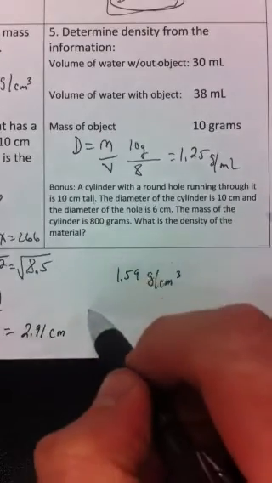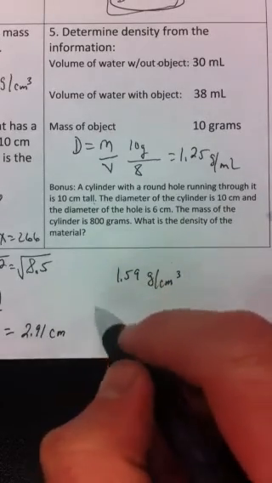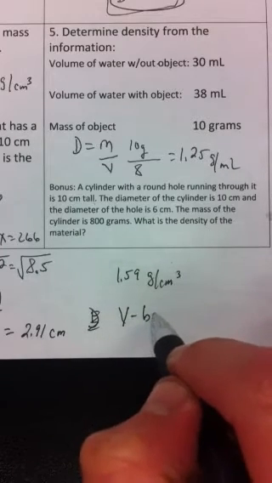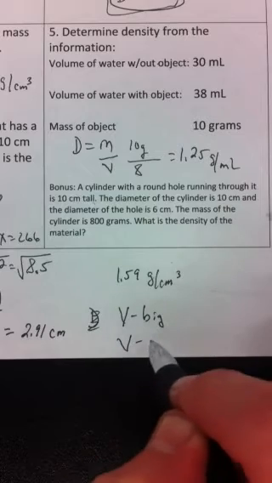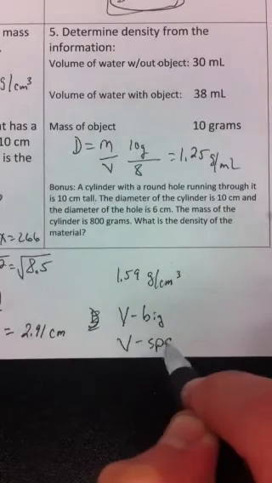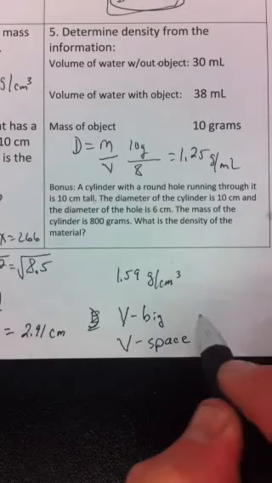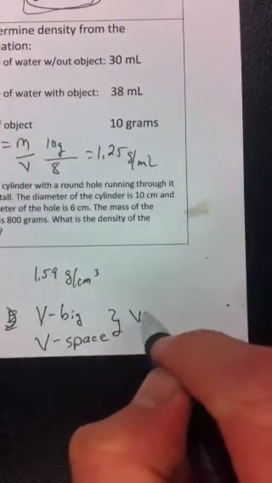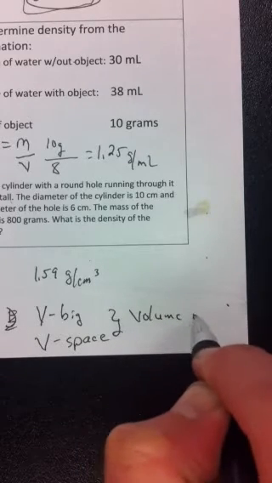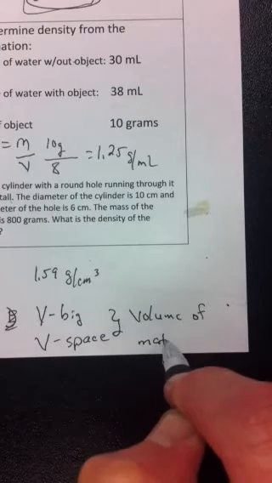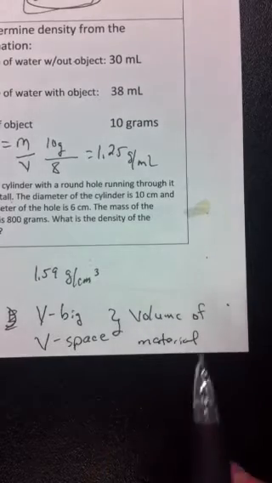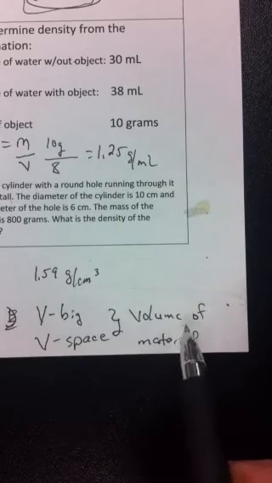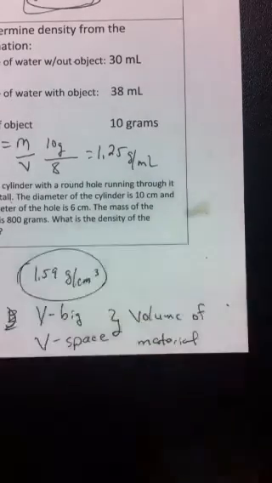Essentially what you have to do is find the volume of the big cylinder, and then find the volume of the space or the hole, and then you subtract, and that gives you the volume of the material only. And then you divide mass by this volume, and that gives you the density, which should be 1.59.